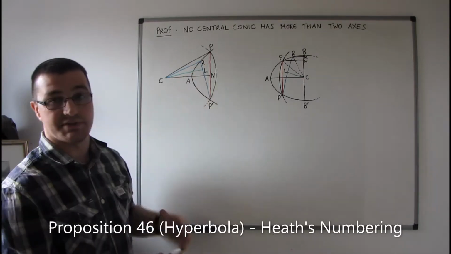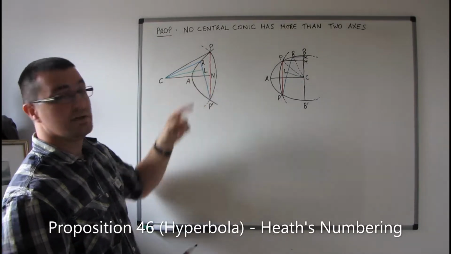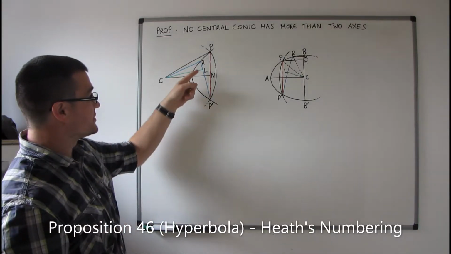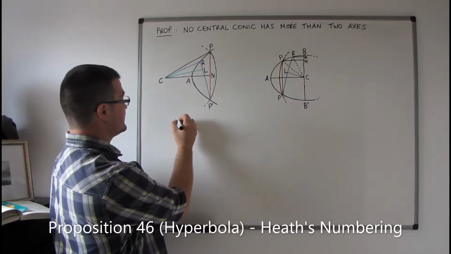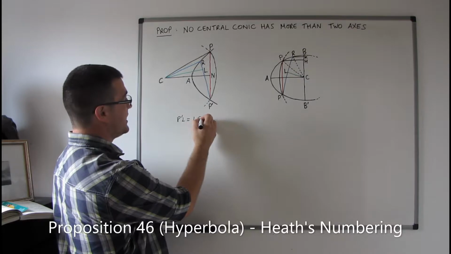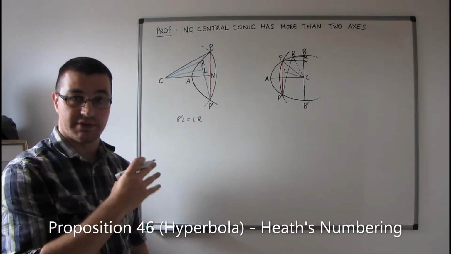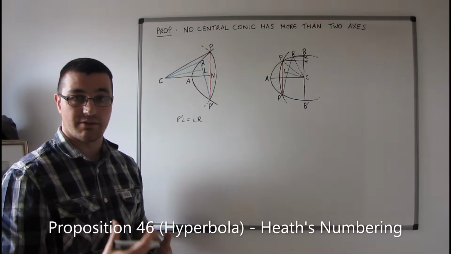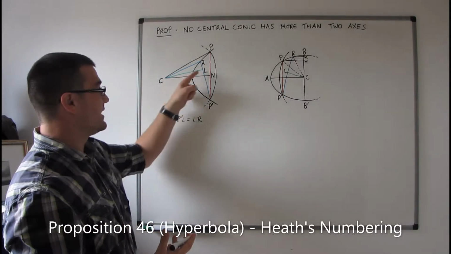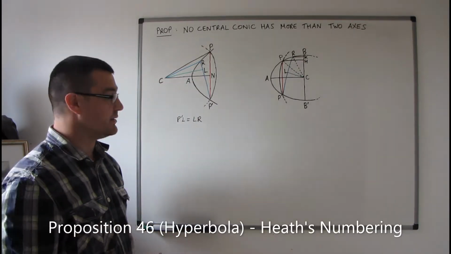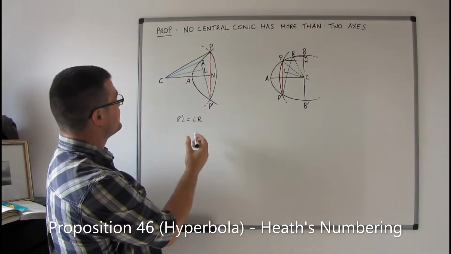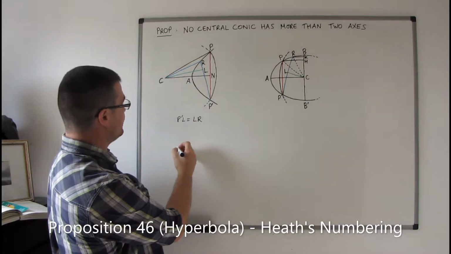So P primed R is the chord bisected at the point L. The diagram is a little bit exaggerated here, because we do actually have that P primed L is equal to LR, even though it doesn't look like it from the diagram. We're going on what we've assumed about the properties of this line CL.